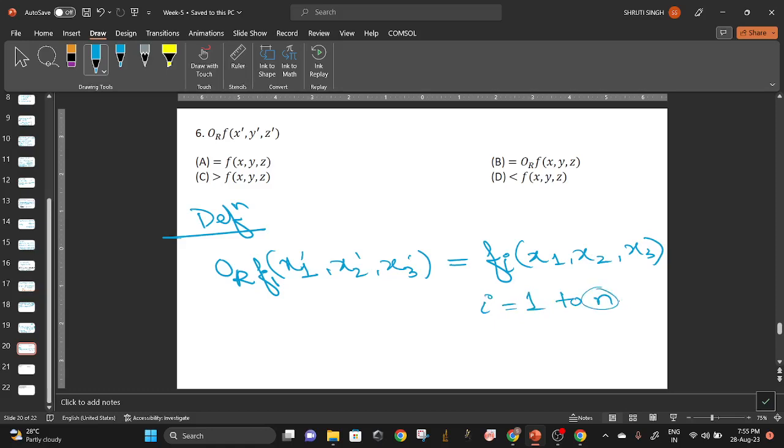What is n? n is the n-dimensional space. So x1, x2, x3 is moved to x1', x2', x3' after the operation OR. This is the physical meaning of this equation.